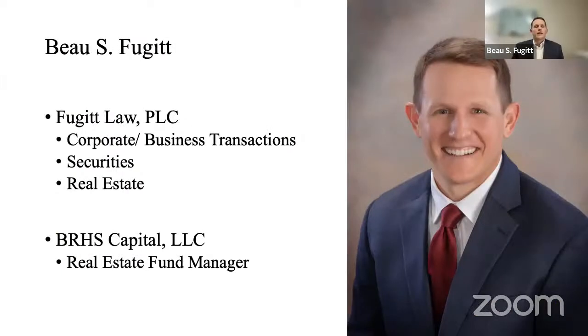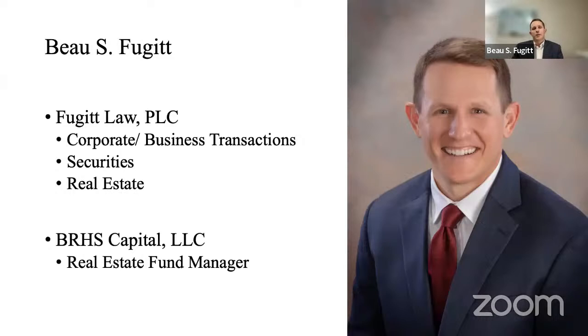Okay, yes. So my name is Bo Fugit. I am an attorney licensed in Arkansas. Before I started my current law firm, which is Fugit Law PLC, I worked at a number of firms where I did commercial litigation, a lot of commercial transactions, mergers and acquisitions, corporate compliance, and governance, and that type of thing.